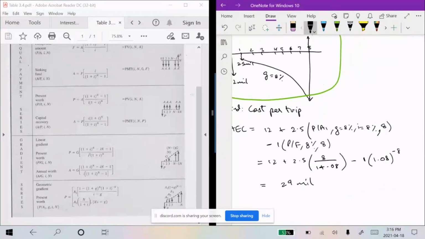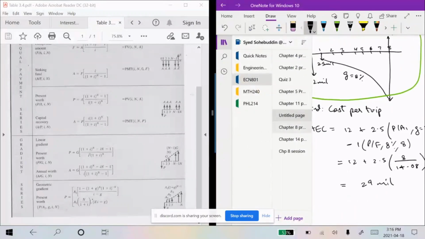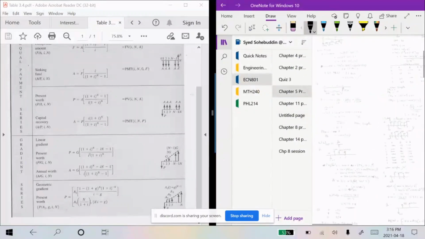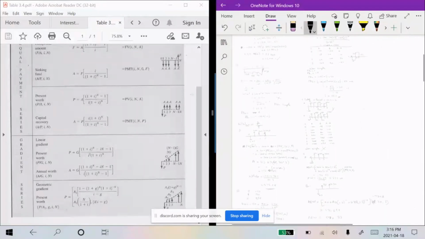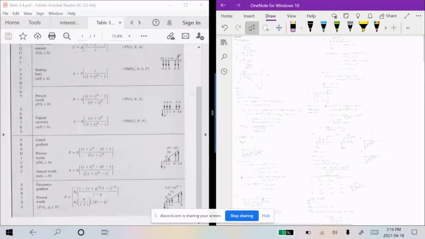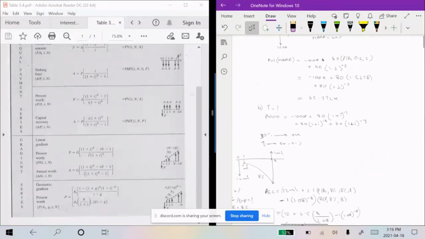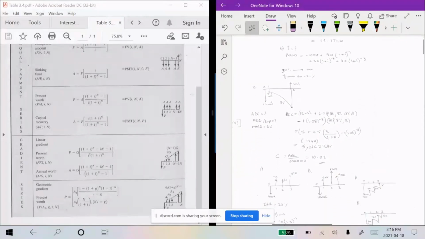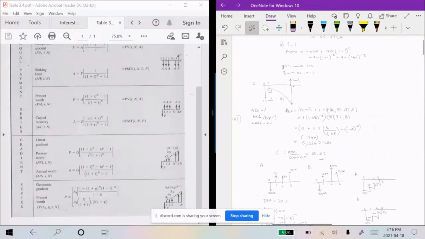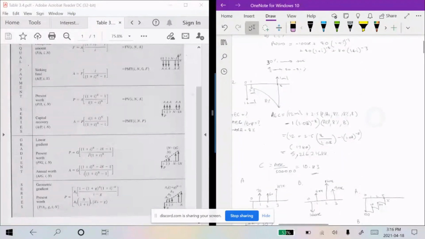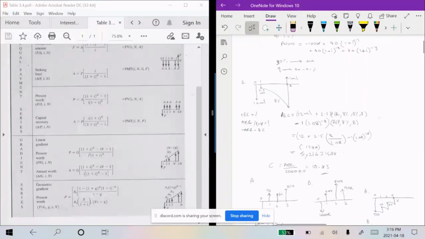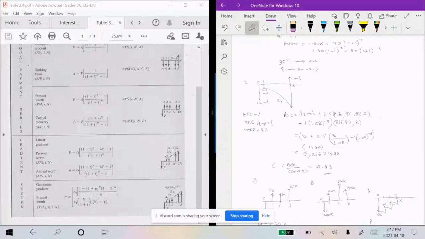Am I wrong? Let me check if this was right with chapter 5. This is a different question, the second question. What did I do here? Right, we need to find the annual cost. This is the present cost, right?